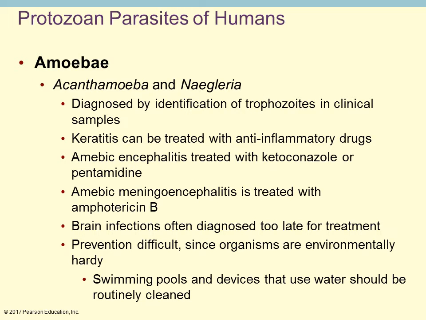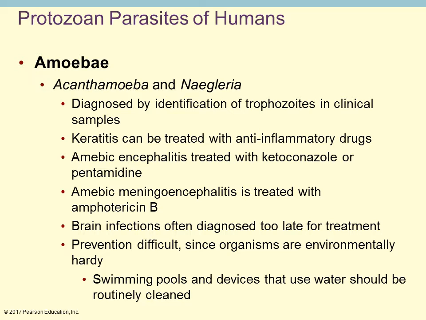There are some drugs that you can try, but unfortunately for Naegleria, the symptoms usually appear very quickly and the infection is often diagnosed too late for any successful treatment. Because the organisms are in the environment, they're very widespread. Prevention is difficult.